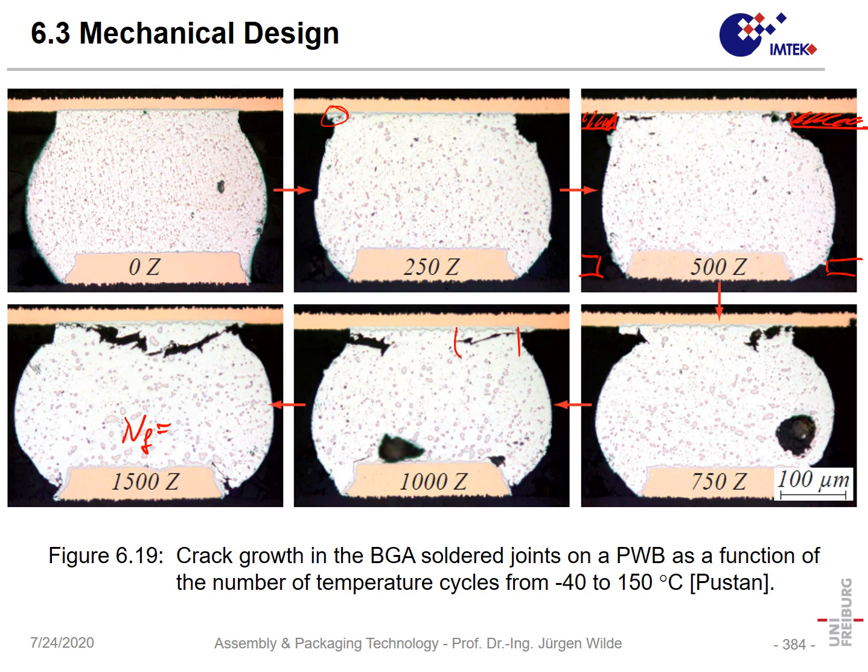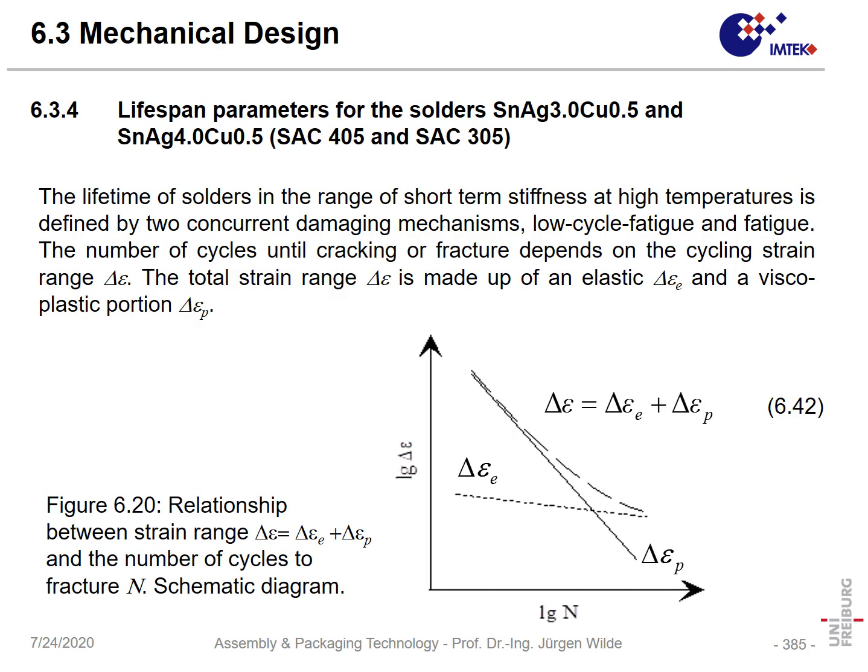So here, for instance, for that condition, it's 1,500 cycles. When you plot the number of cycles to failure against the strain difference, you get this curve here, and that's a fatigue curve.